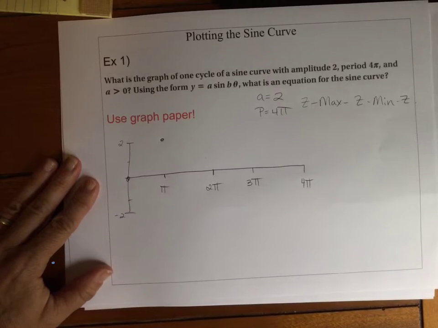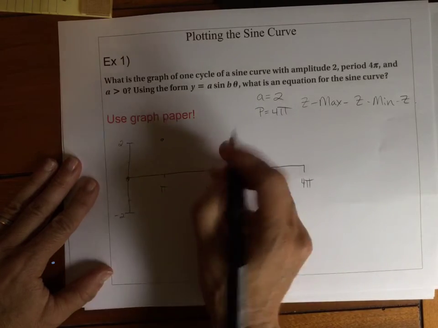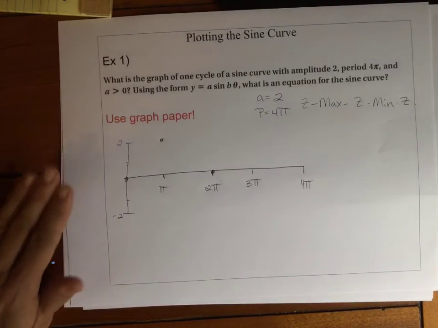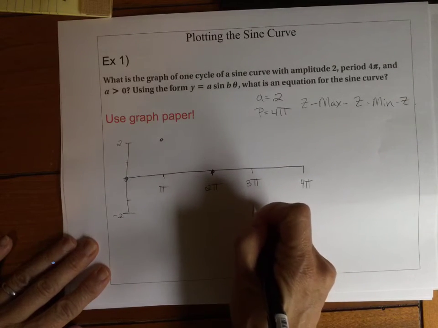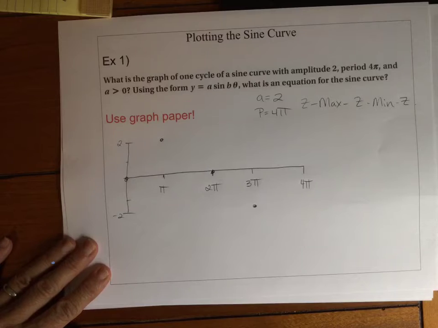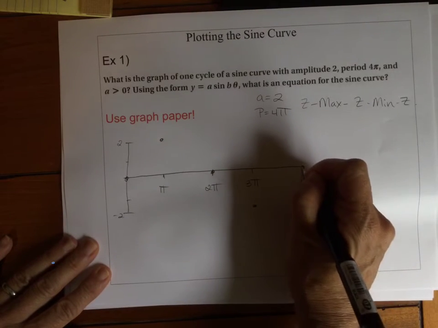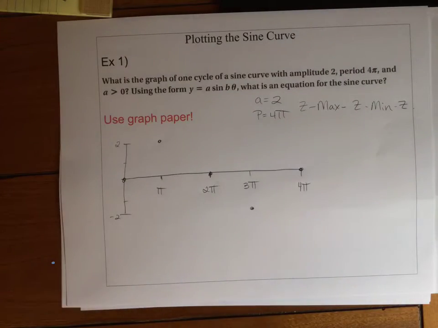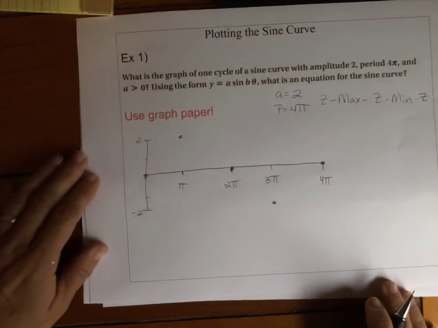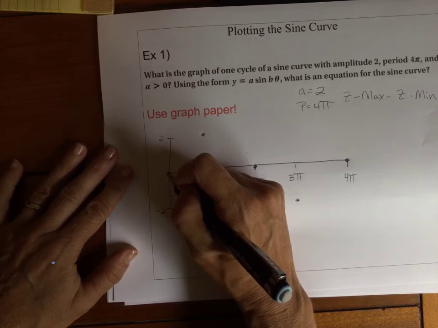So we're at 2. Next section, we're going to go down to 0. Next section happens to be 3 pi this time. We're going to come down here to negative 2. And then our final section, we come back up to 0. See, we followed our pattern. And now we want to fill in a smooth curve that looks like a sine curve.